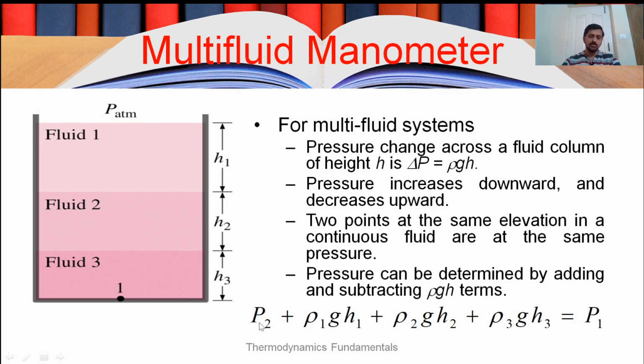Here P2 means the atmospheric pressure. Fine. So multi-fluid manometers may have to be used if very high pressure or complicated geometries are there where we need to measure the pressure.